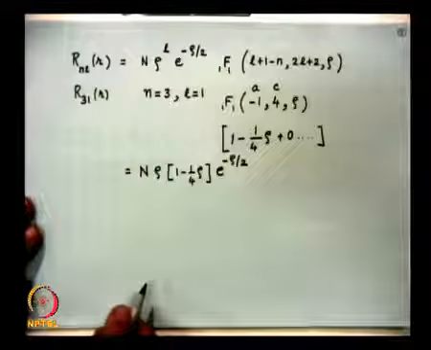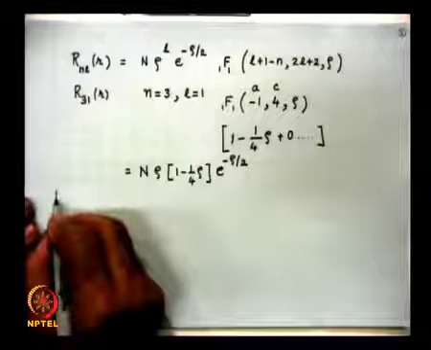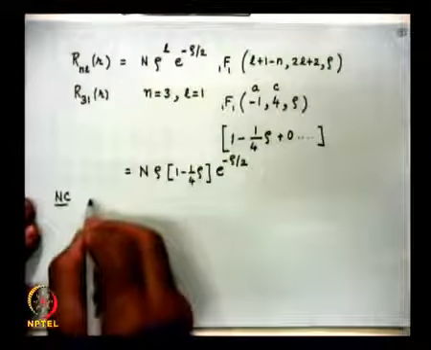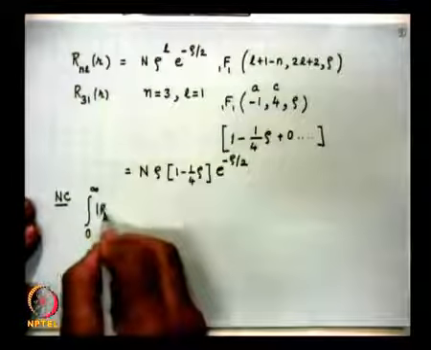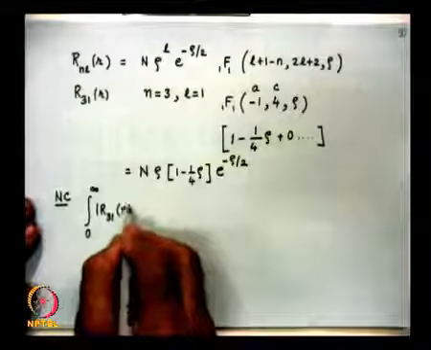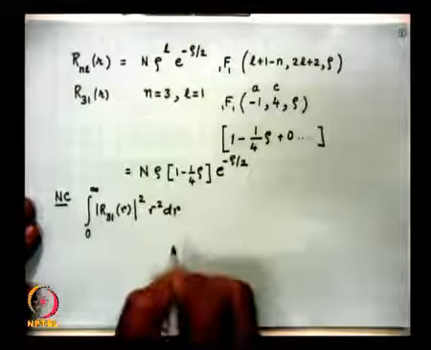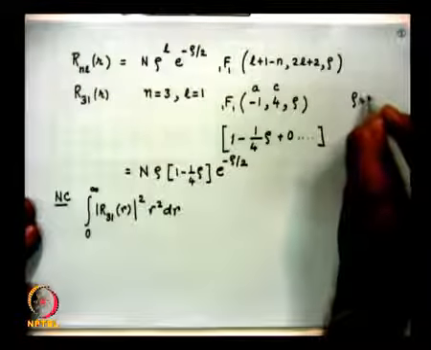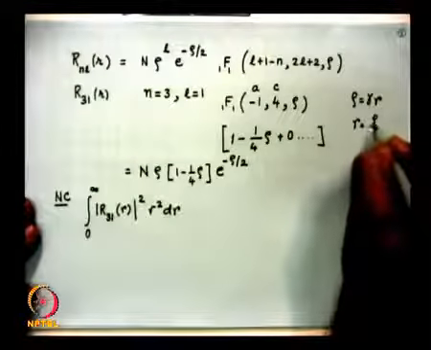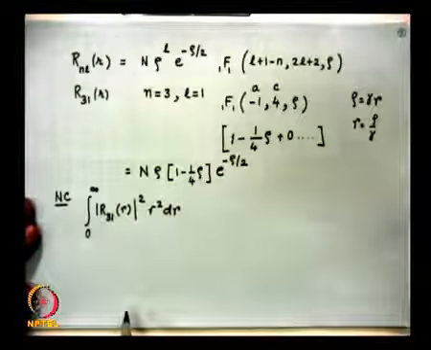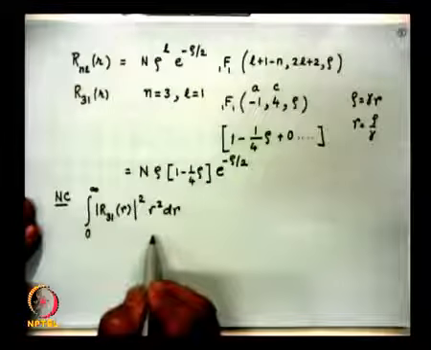Now, let me normalize this wave function. So, the normalization condition is integral 0 to infinity R31 of r whole square r square dr. So, rho is equal to gamma r, so r is equal to rho by gamma, and therefore r square will be rho square by gamma square.